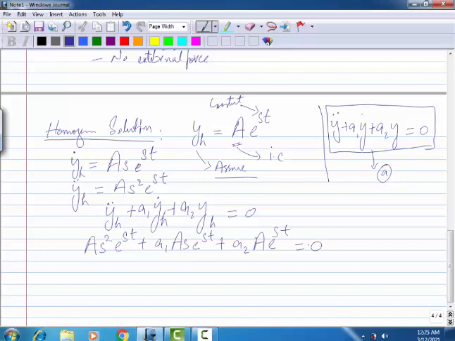Now if you look here, I can take the common factor out. What is the common factor? Capital A is available throughout, and I can also take out e^(st) from the equation. The remaining equation is s square plus a1 s plus a2 equal to 0.